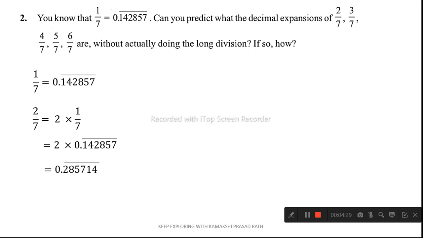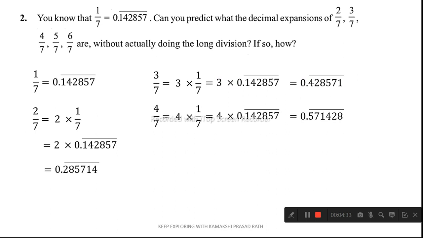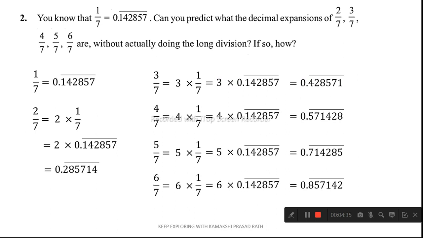When you process the same thing for 3 by 7, 4 by 7, 5 by 7 and 6 by 7, we'll get the answer. You just have to multiply by 3, 4, 5, 6 respectively with 1 by 7, as the value of 1 by 7 has been given in the question.